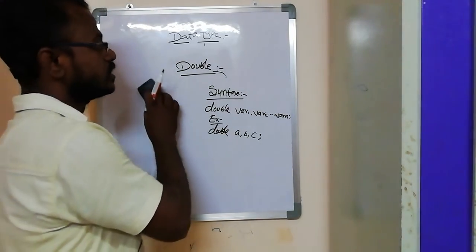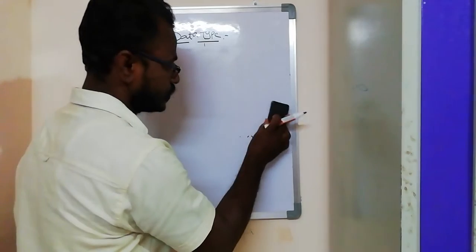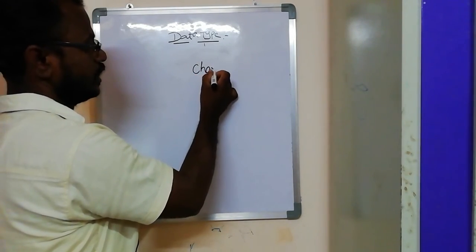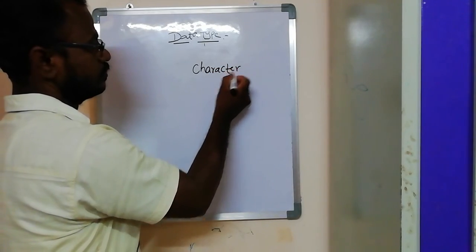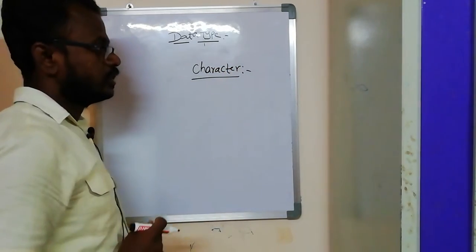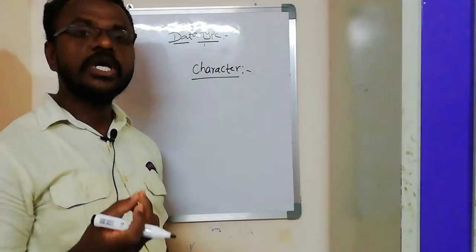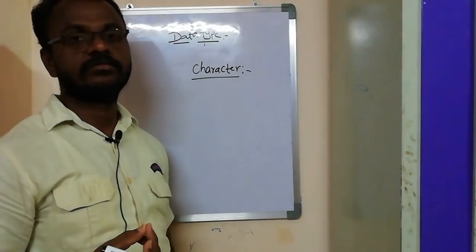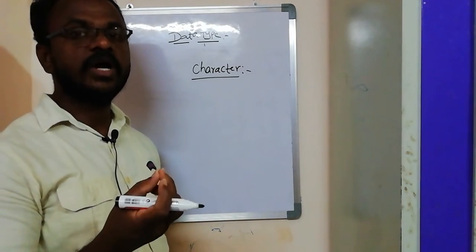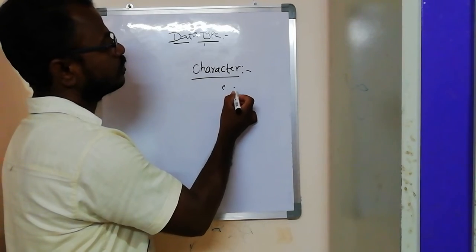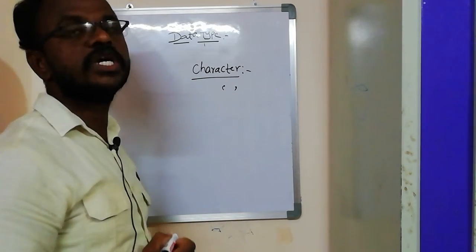The next one is the character data type. This data type allows only a single character. That value must be specified in single quotes.